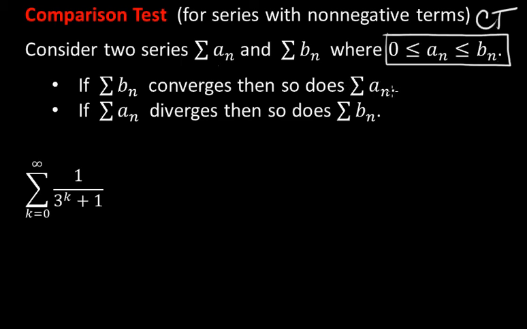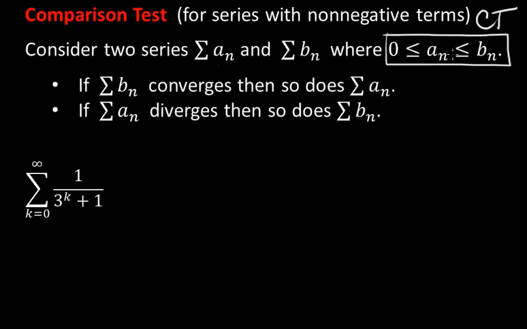It's just exactly like the comparison test we had for sequences, because these are sequences really. It's saying that if a sub n is less than or equal to b sub n, then the partial sums of a sub n are all less than or equal to the partial sums of b sub n. In fact, that's how you prove this, just going back to sequences, but we're not going to do the proof.